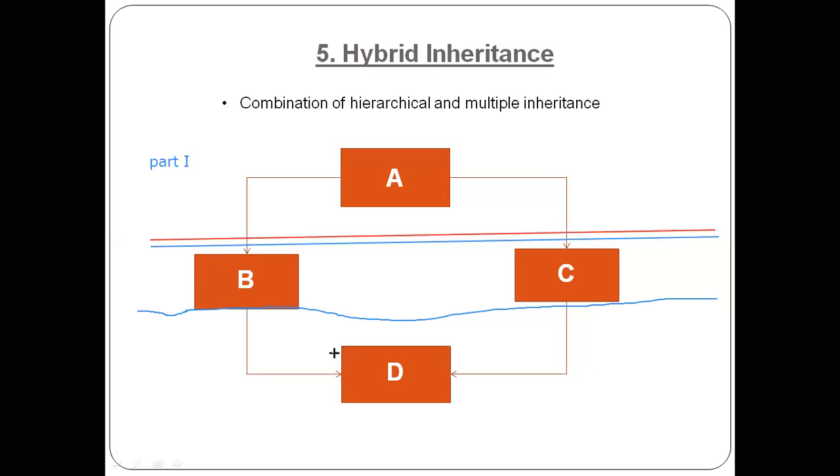Now look at the boxes which are available below the red line. B and C are two different base classes, and they are going to derive only one single class, D. So this one is nothing but multiple. So this hybrid inheritance is nothing but the combination of both hierarchical inheritance and multiple inheritance.